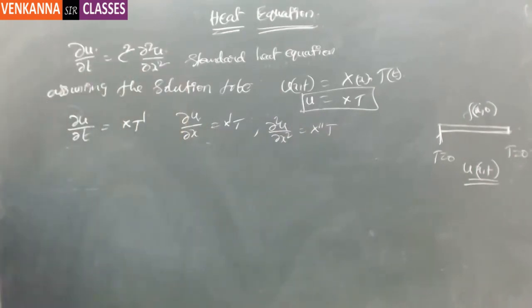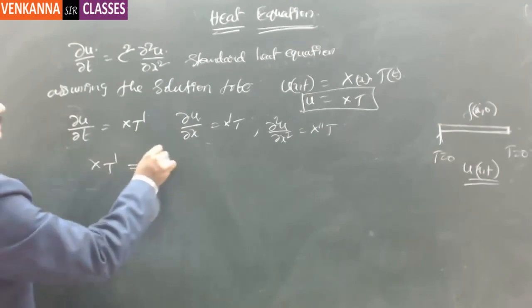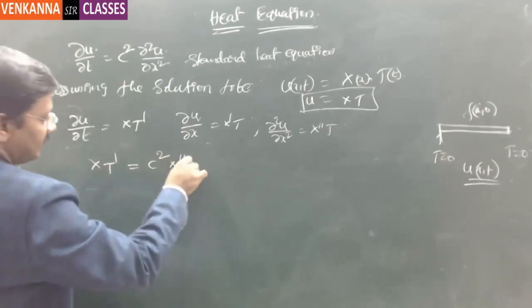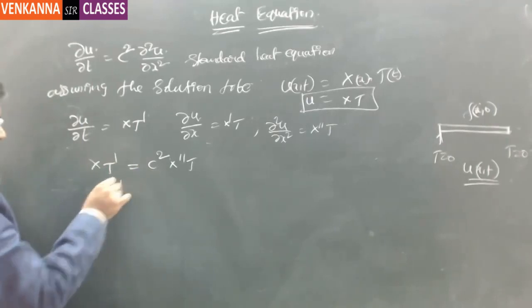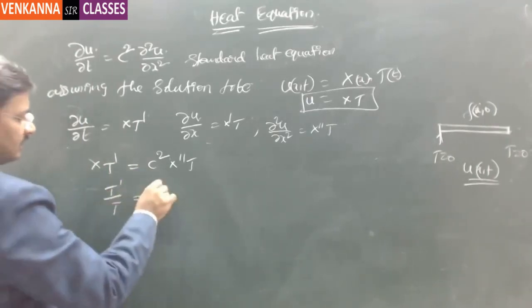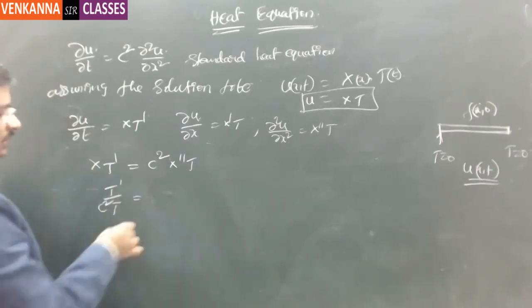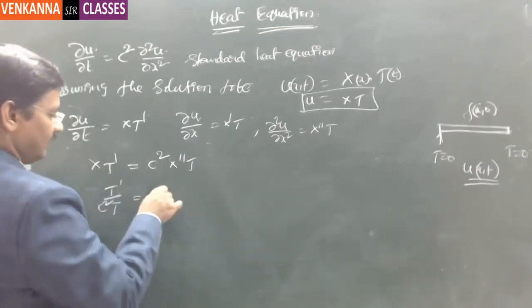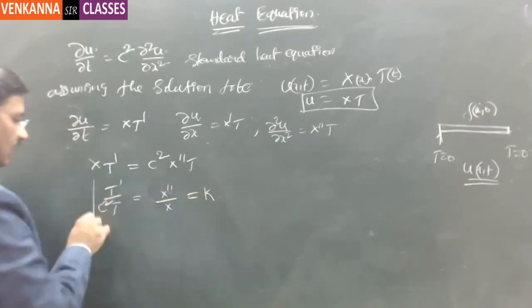If you put it in this equation, dou u by dou t is XT dash equal to c square times X double dash T. Then bringing this to here, T dash by c square T is equal to X double dash by X, and I call this some constant k.